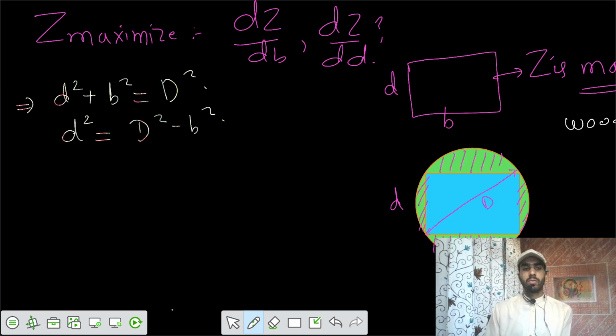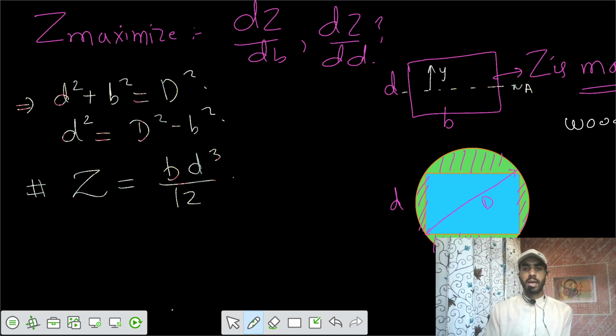Now we know the section modulus for the rectangular beam, where this is our reference neutral axis, Z equals bd cubed by 12, divided by y max equals d by 2. So we got a value of bd square by 6 for Z.